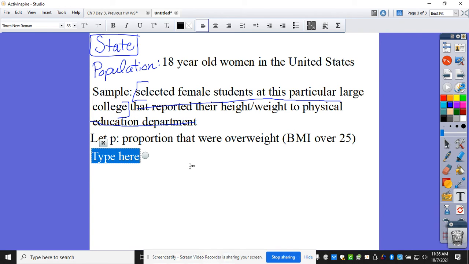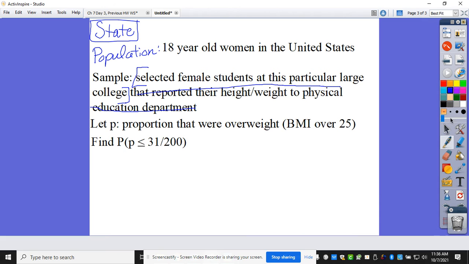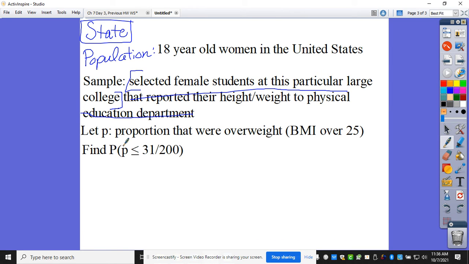All right, then what? What am I finding here? And that has to be a hat right here. Converting this is fine. 0.155. I don't think it reduces.